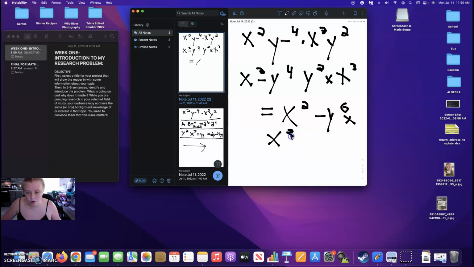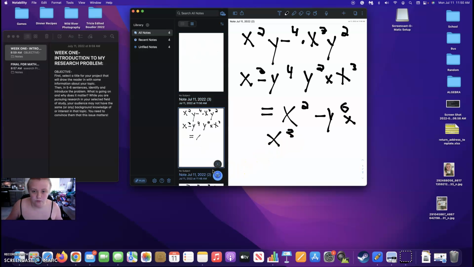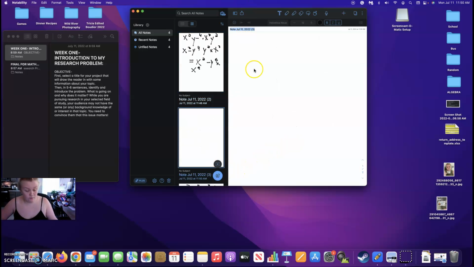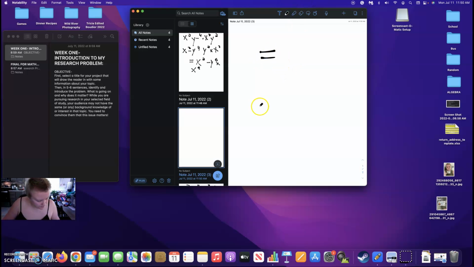To the third. So let me write that out, so this is what I got for a result. Equals x squared minus y to the 6 times x to the fourth.